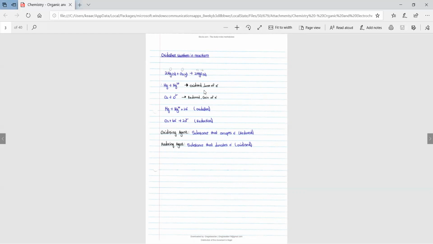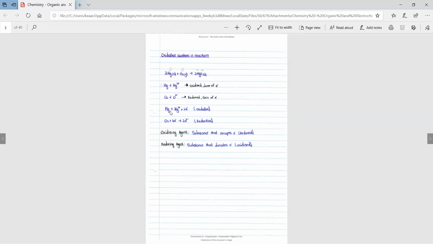It was therefore oxidized because oxidation is loss. Then we move on to oxygen over here on the left, which was 0, and it changed to be O2-. It was reduced. It gained electrons. It became more negative. Reduction is gain.